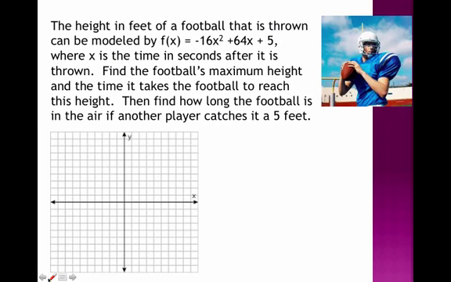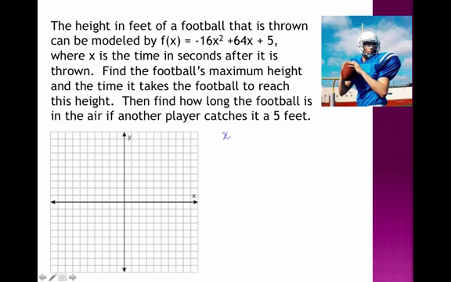I'm going to run through one more example with you, in case that was a little confusing, and then you'll be on your own. So I've got a football being thrown. It's modeled by this equation, and x is time in seconds. I want to know the football's maximum height, the time it takes the football to reach this height, and then find out how long the football is in the air if another player catches it also at 5 feet. So I'm going to go through the same process.